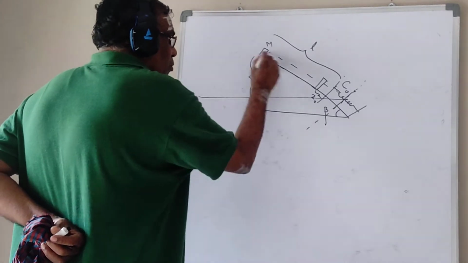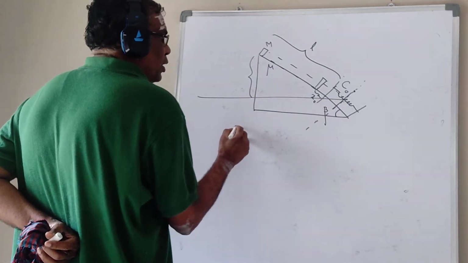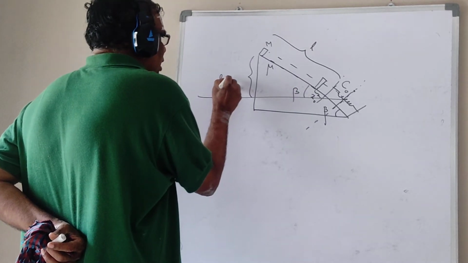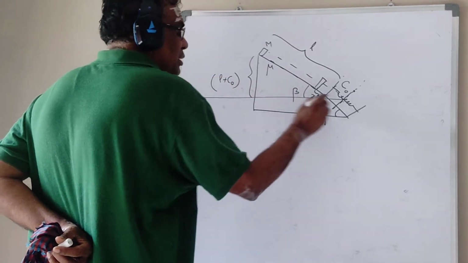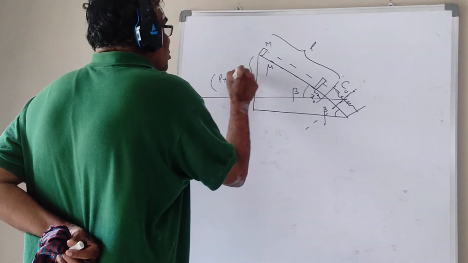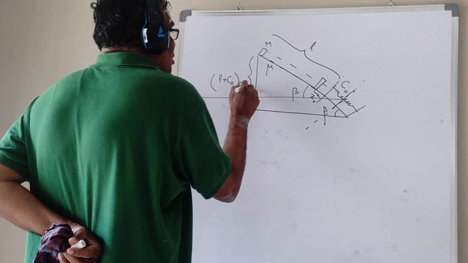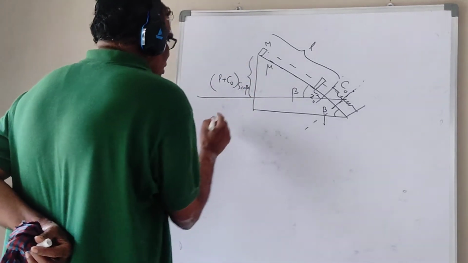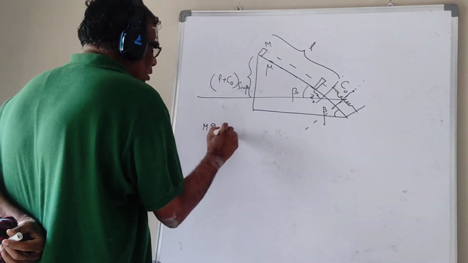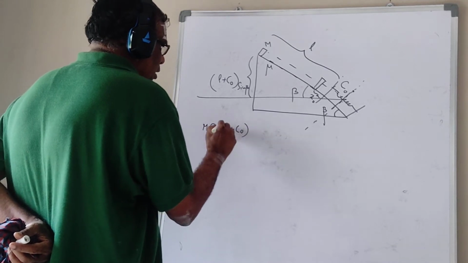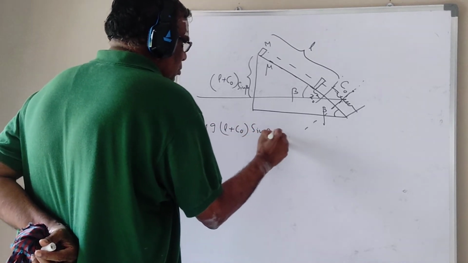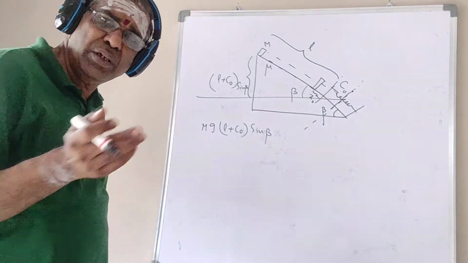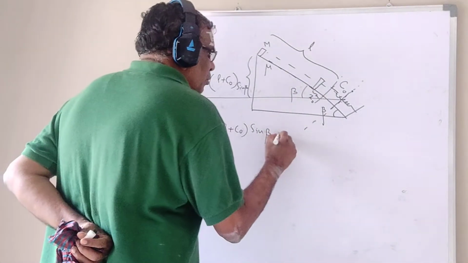So this is beta, this is L plus C naught sine beta. Okay, this is that. So M G L plus C naught sine beta. This is the gravitational potential energy. What has happened to all this energy?